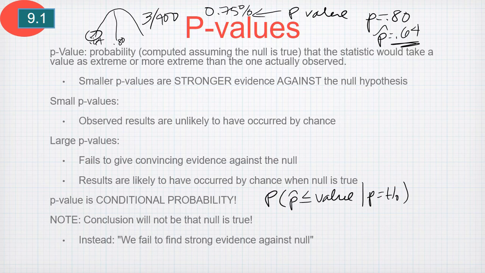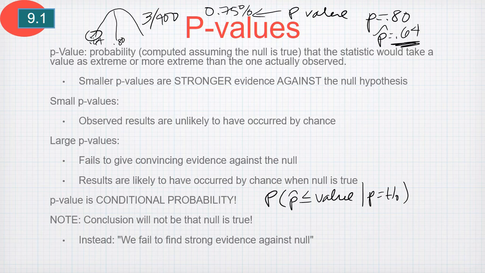So then here we go. Conclusion. When we say, okay, well, look, she got 0.64, that doesn't mean there's no way the null could ever be true. Our conclusion will not be that the null is ever true, even if this turned out to be true. What we say is, if we found out that her probability was actually close to 0.8, we would say instead, we fail to find strong evidence against the null hypothesis.